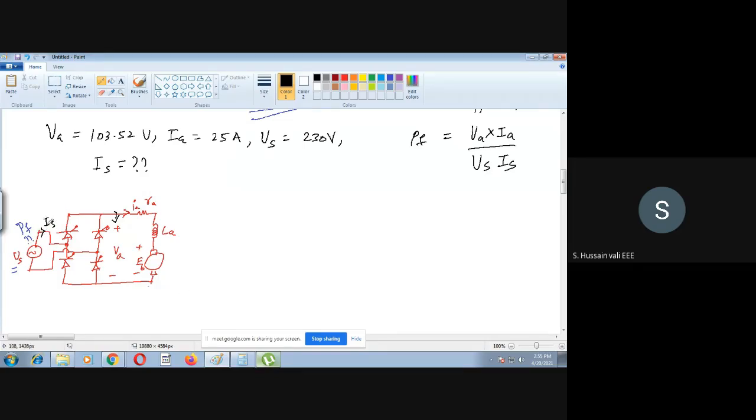We have to draw the waveform of IS, and then for that waveform we will find the RMS value. Then we will get the answer.